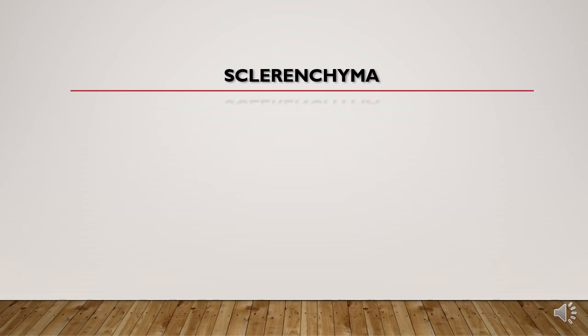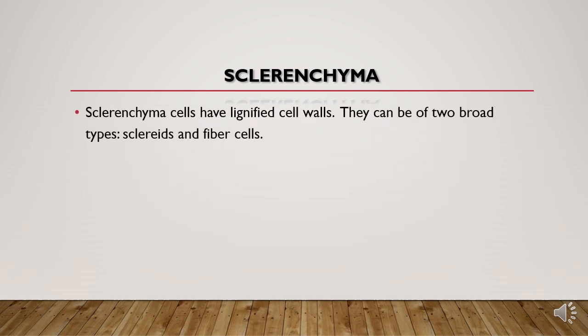The last one we're going to discuss is the sclerenchyma. As we said in the beginning, it has lignified cell walls, and it can be divided into two types: the sclereids and the fiber cells.